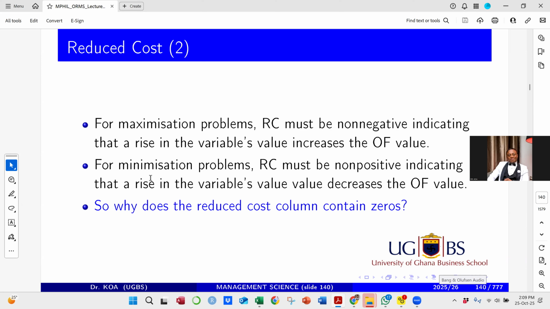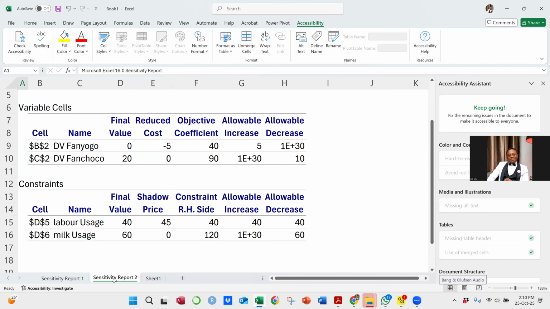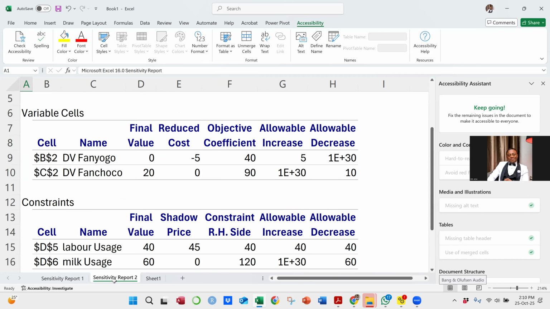If Farmer Ghana Limited had not produced something for each product, the reduced cost column would not be 0. And when I showed you the example here, you saw that this is an example where Farmer Ghana Limited is not producing one of their products.